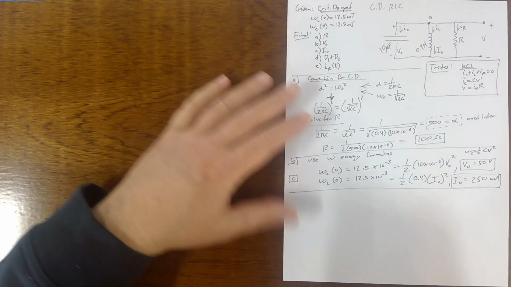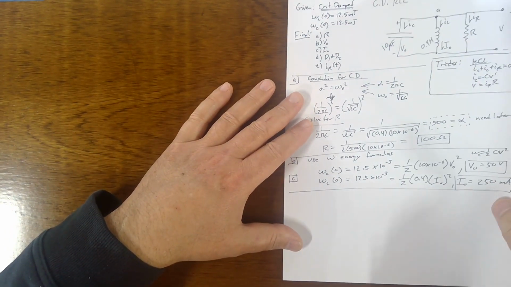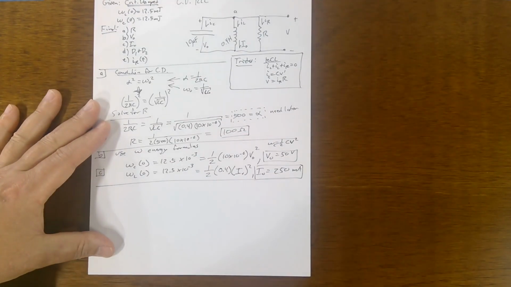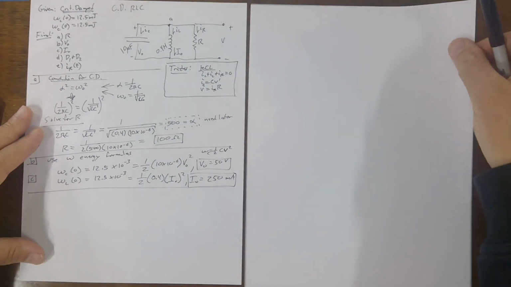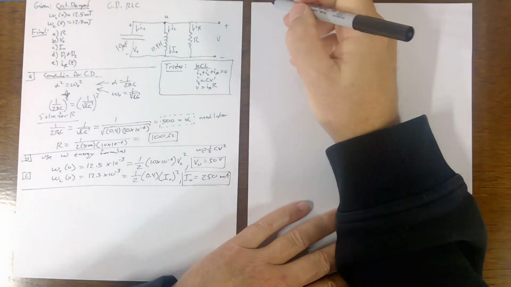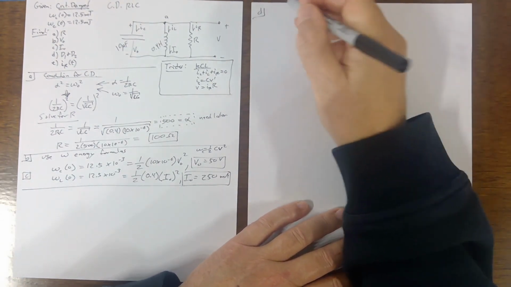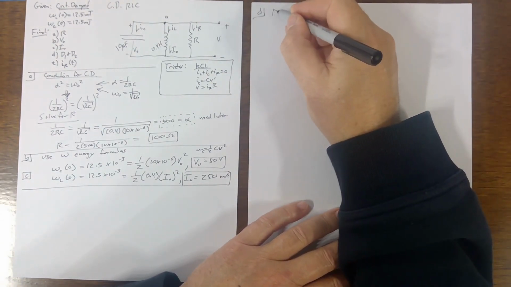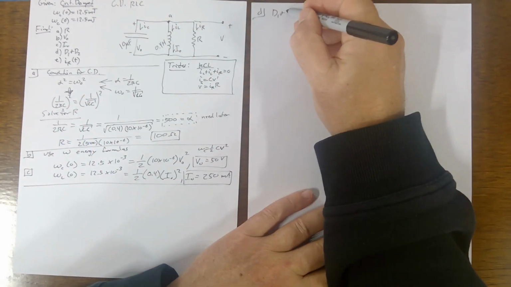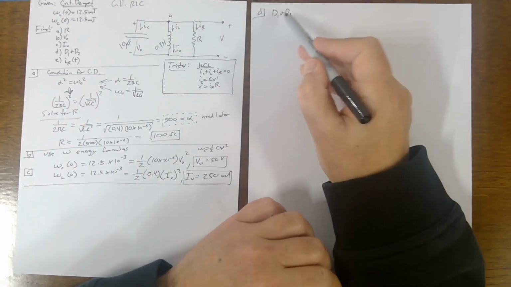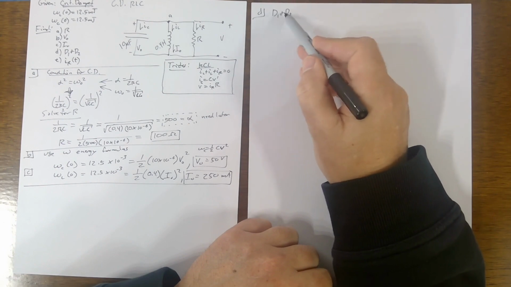All right, I'm going to use another piece of paper because this part of the solution is a little bit longish. So part D, we're trying to find D1 and D2. These are the letters that are used.